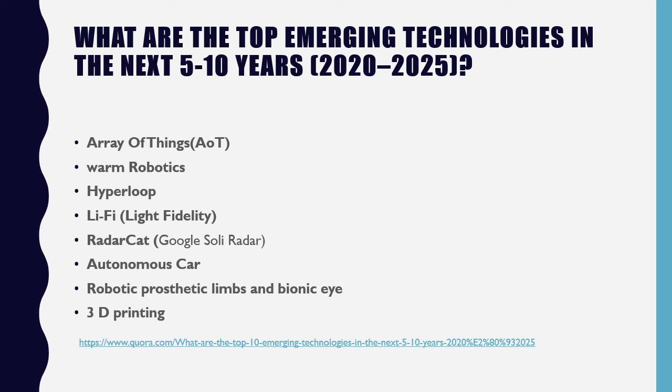We have a large number of numbers and the data type should be similar. That is what we call an array. So the array of things deals with similar components connected through the internet to a single service.